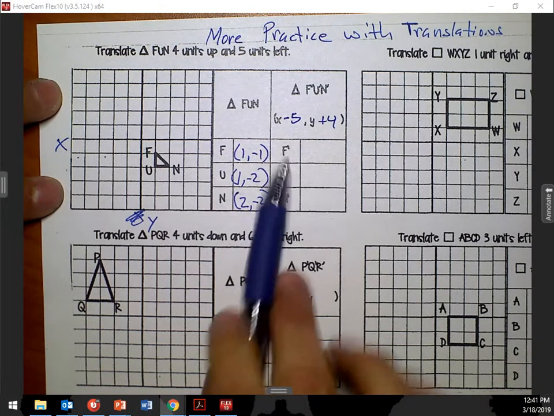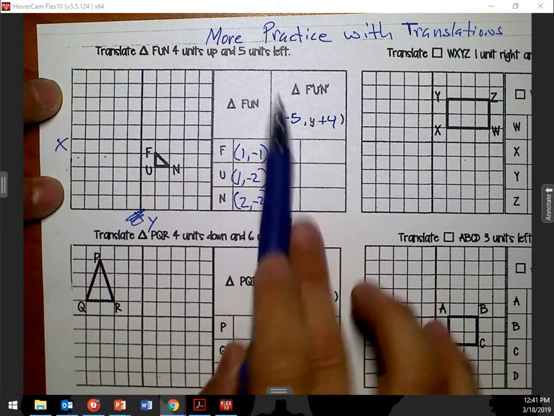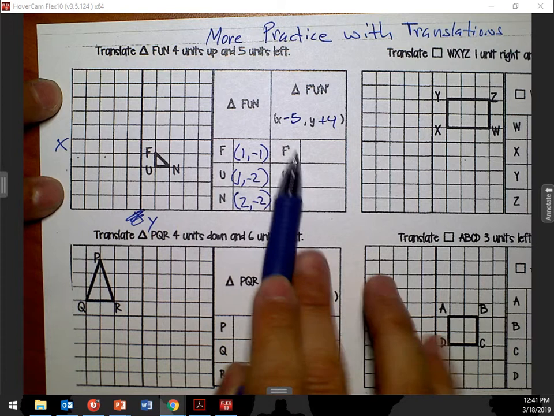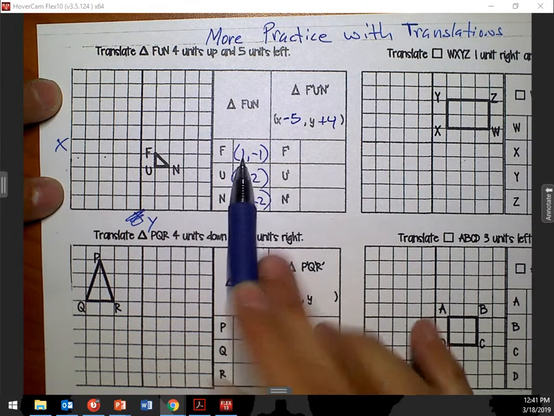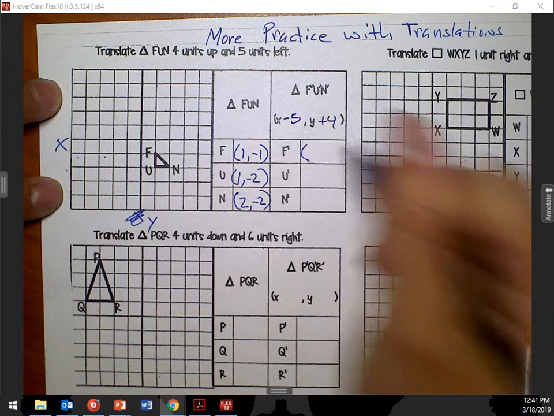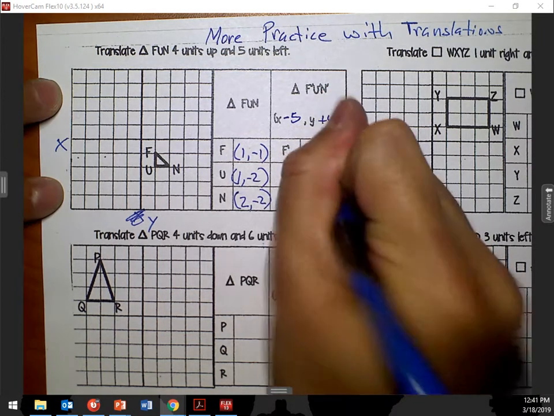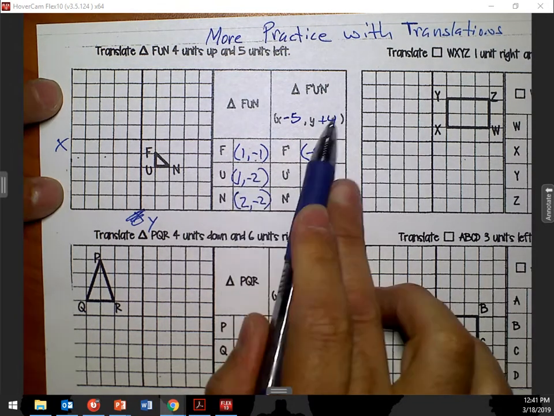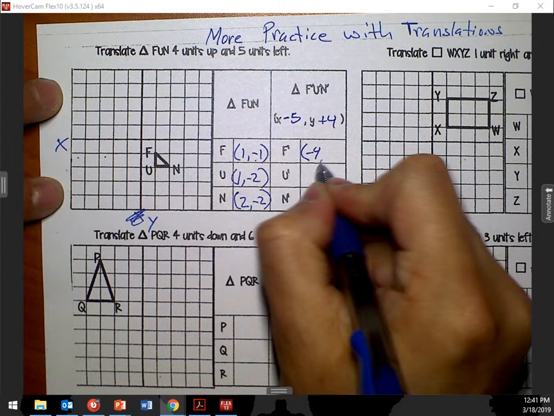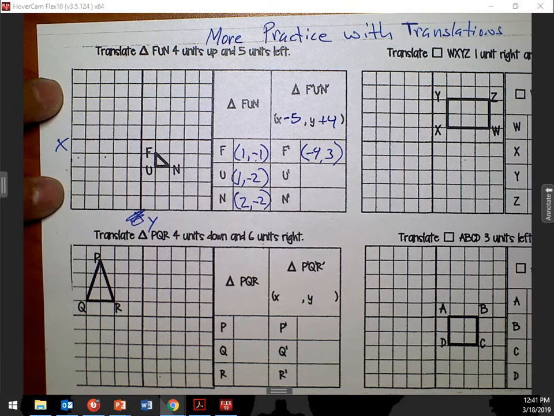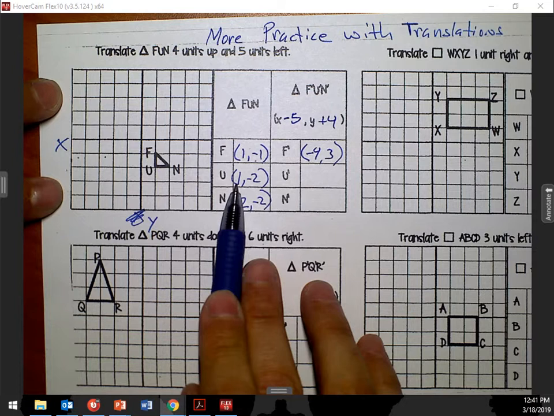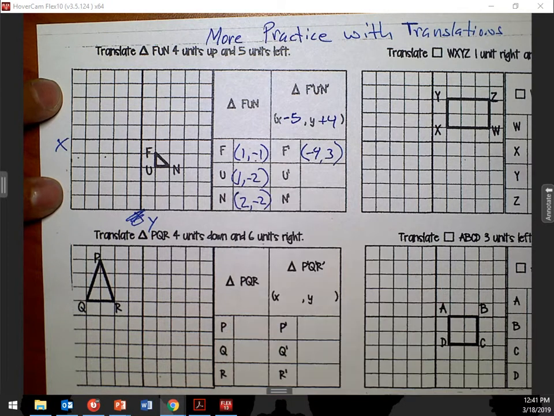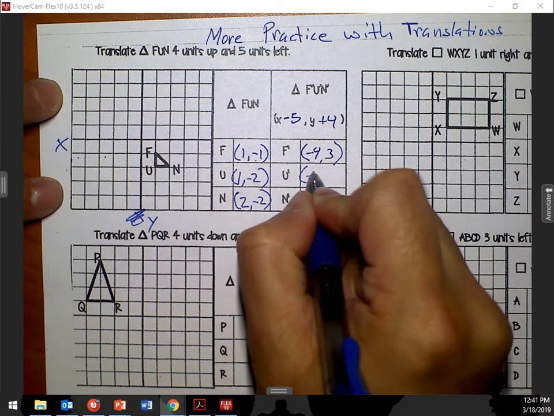All right, so we're going to move each one of these points over. I'm going to do the math on it first, though. This is your X value -5. What is 1 minus 5? -4. What is -1 plus 4? 3. All right, next one. What is 1 minus 5? -4.